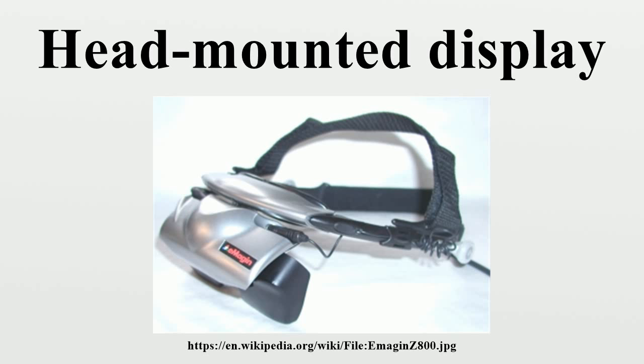Not all HMDs provide depth perception. Some lower-end models are essentially binocular devices where both eyes are presented with the same image. 3D video players sometimes allow maximum compatibility with HMDs by providing the user with a choice of the 3D format to be used.